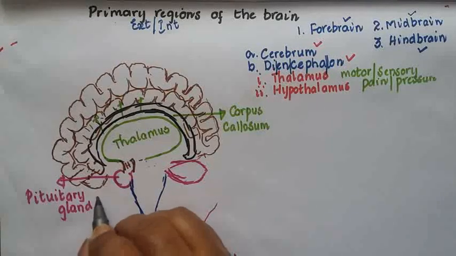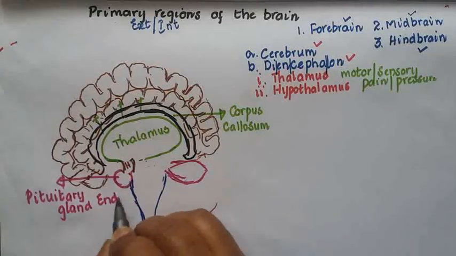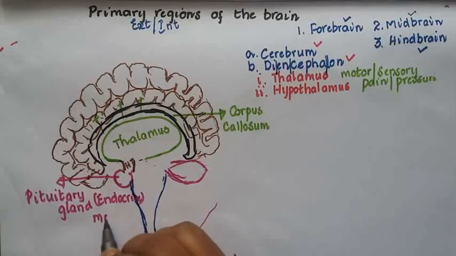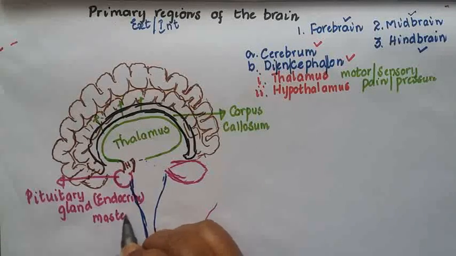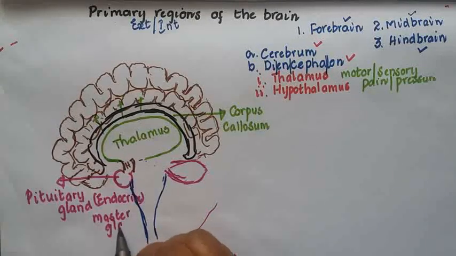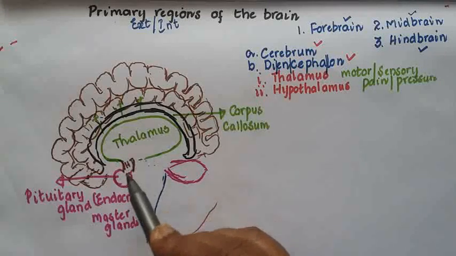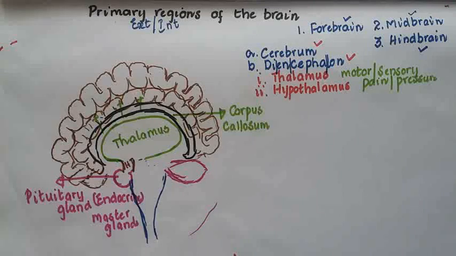It is named the master gland because it controls all the other endocrine glands in our body such as the thyroid gland, adrenal gland, pancreas, and so on. So from the base of the thalamus we have the hypothalamus, and at the base of the hypothalamus we find the pituitary gland.